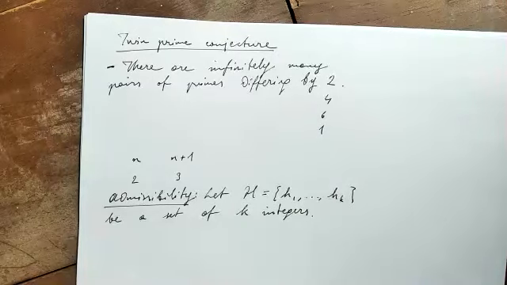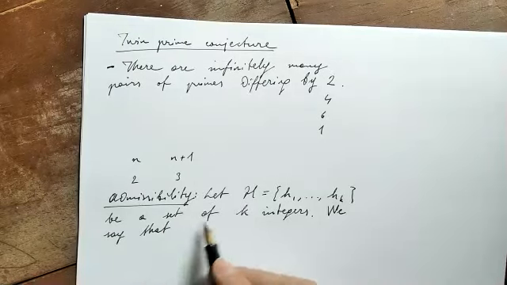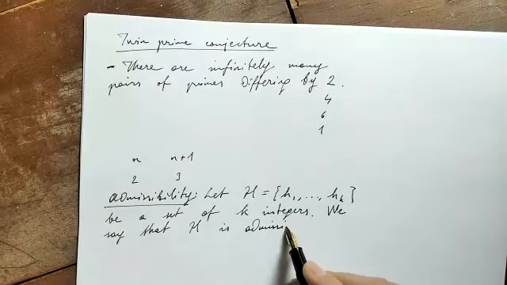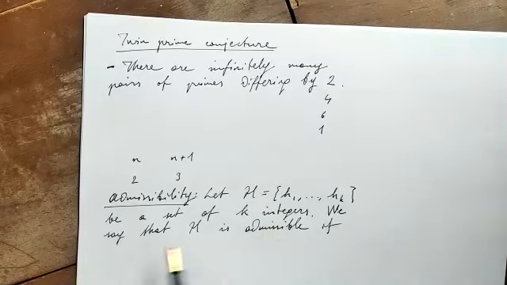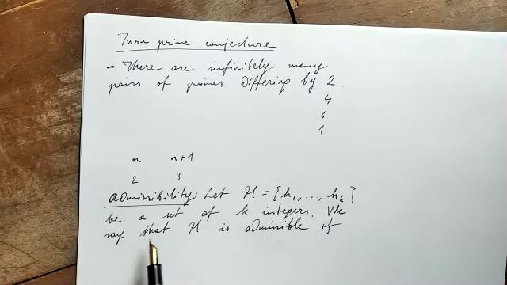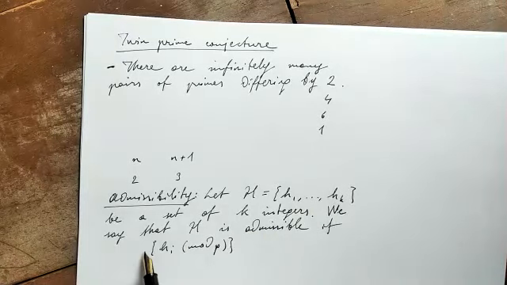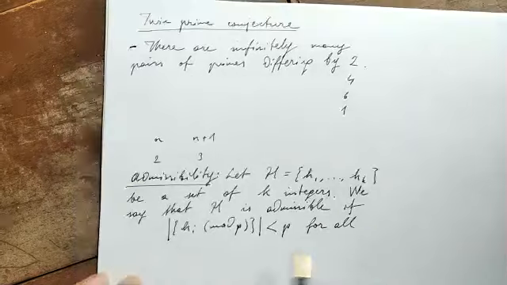We say that H is admissible if, when we reduce every element of H mod p for a prime, the set of h_i mod p's has size strictly less than p for all primes p.